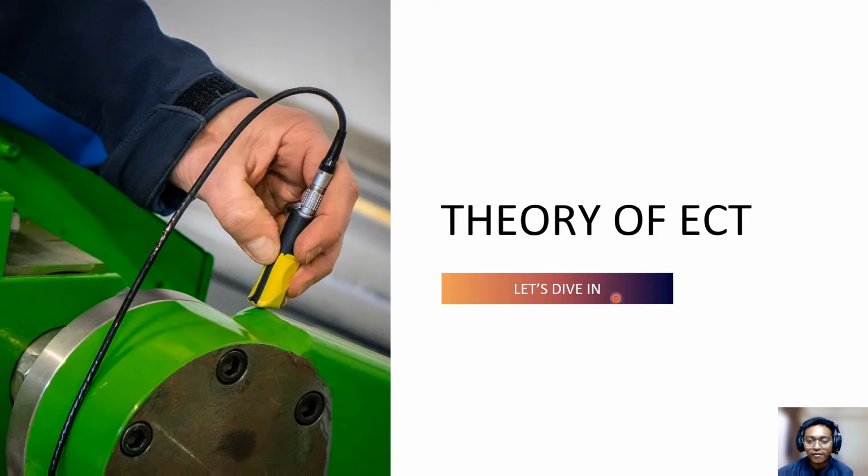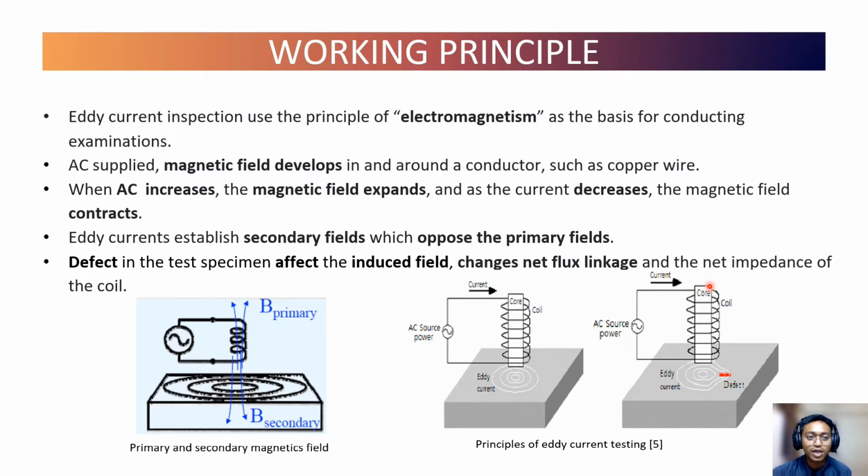Next, let's dive into the theory of the ECT. First, the working principle. Eddy current inspection applies the principle of electromagnetism as the basis of conducting examinations. When alternating current is supplied, a magnetic field develops in and around a conductor such as copper wire.